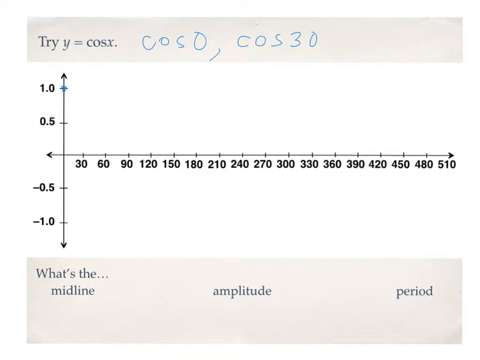So then if I type cosine 30 in, I get 0.866. I get that value that I was getting before. Okay. If I try cosine 60, I get 0.5. Okay. I try cosine 90. I get 0. Yeah, and then it's going to keep going the exact same way.